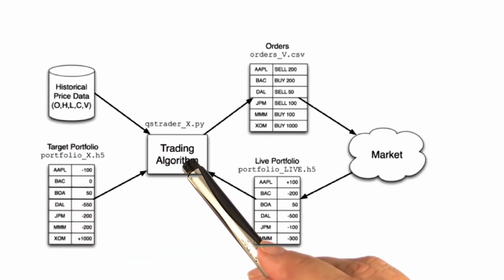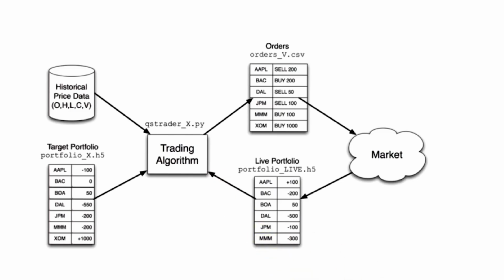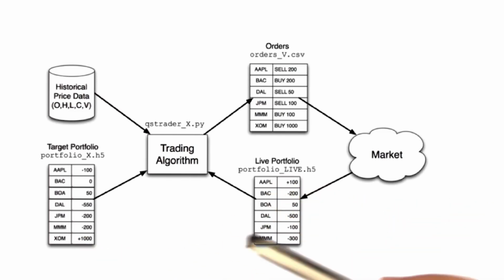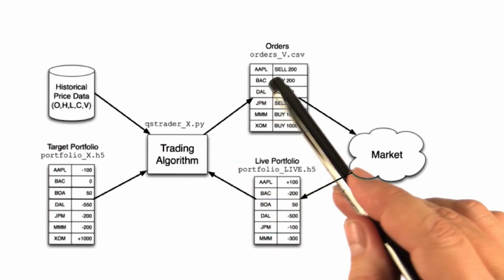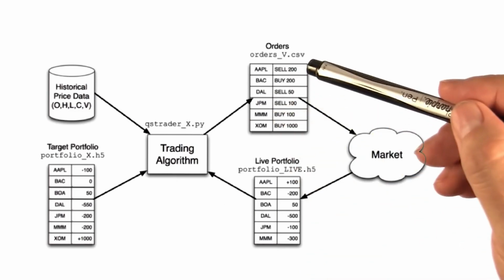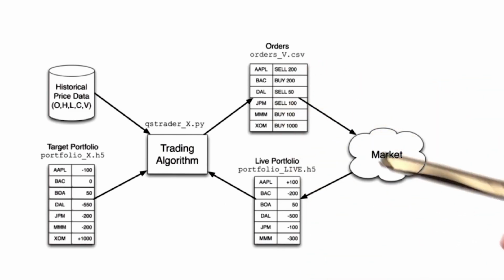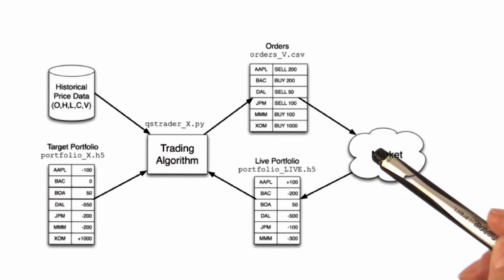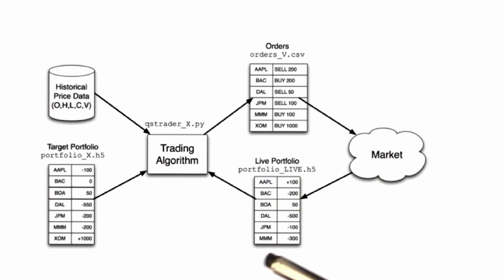And this trading algorithm is trying to get us there. So it's comparing target with live, and then to move this portfolio towards that target, it's issuing orders. So it sends orders like buy 200 shares of Apple to the market. Those orders get executed or not, and that updates the live portfolio.